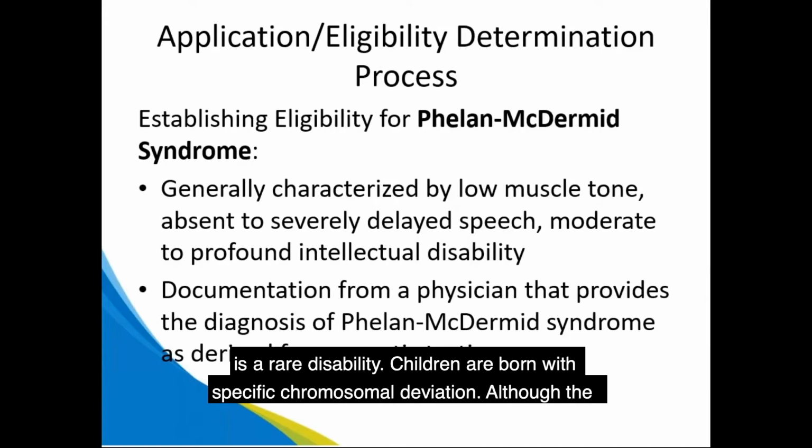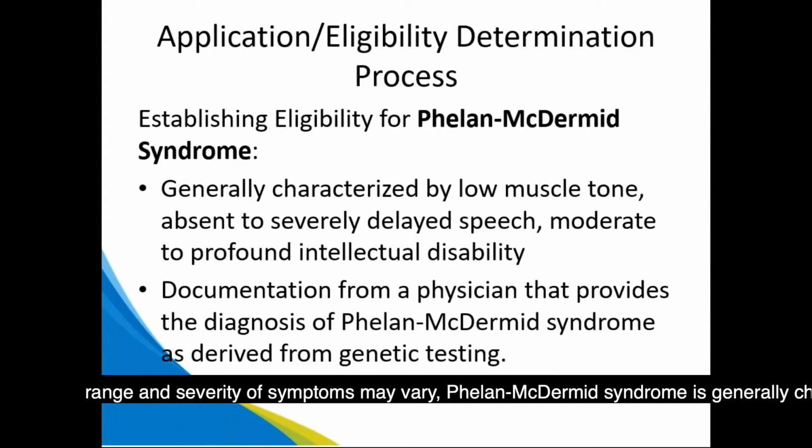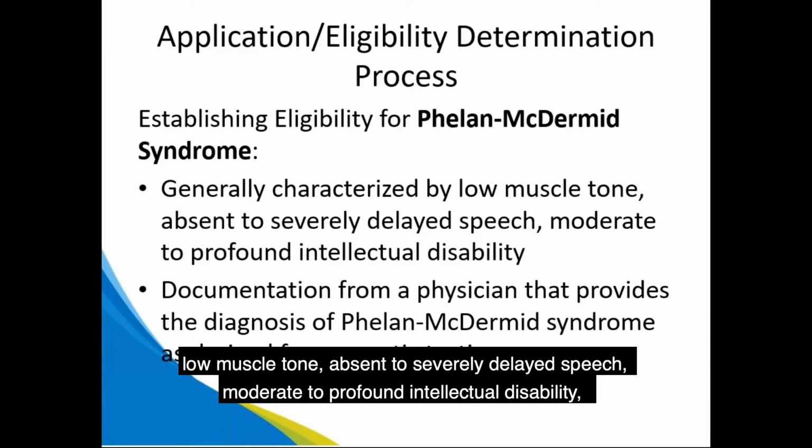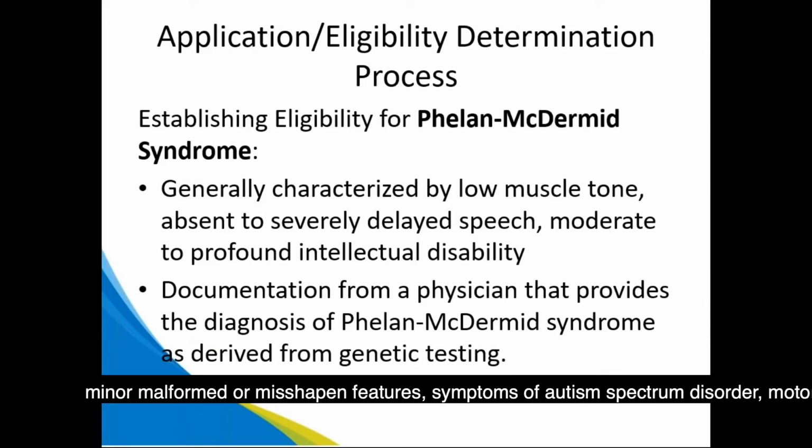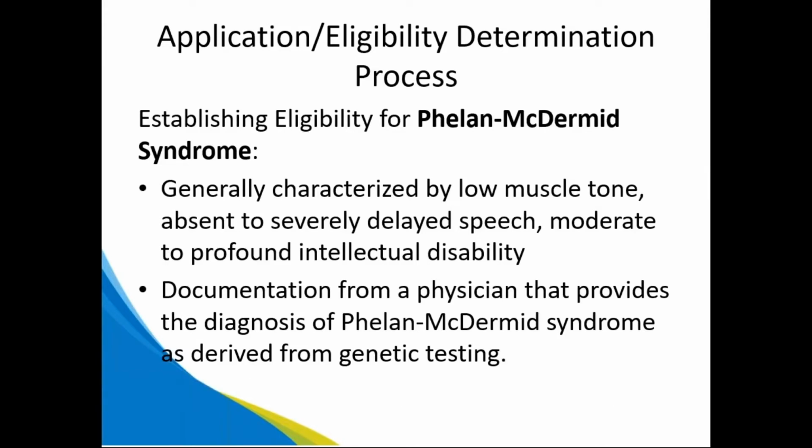Phelan-McDermid syndrome is a rare disability. Children are born with a specific chromosomal deviation. Although the range and severity of symptoms may vary, Phelan-McDermid syndrome is generally characterized by low muscle tone, absent to severely delayed speech, moderate to profound intellectual disability, minor malformed or misshapen features, symptoms of autism spectrum disorder, motor delays, and epilepsy.